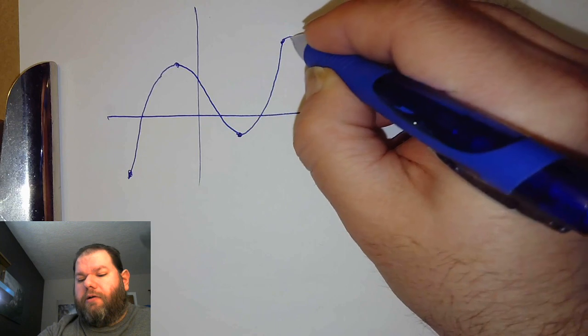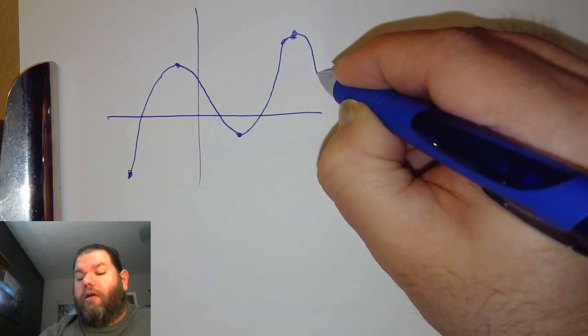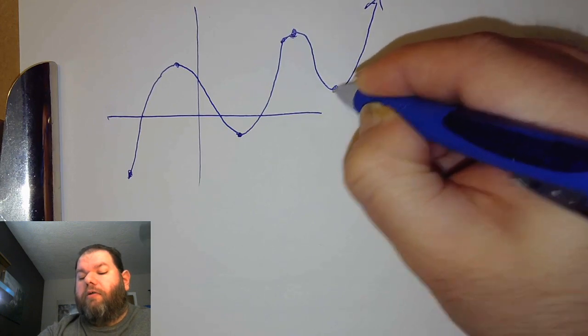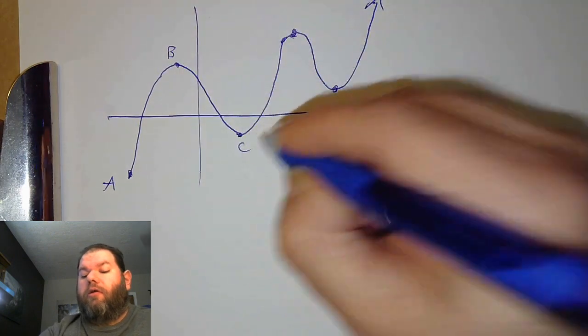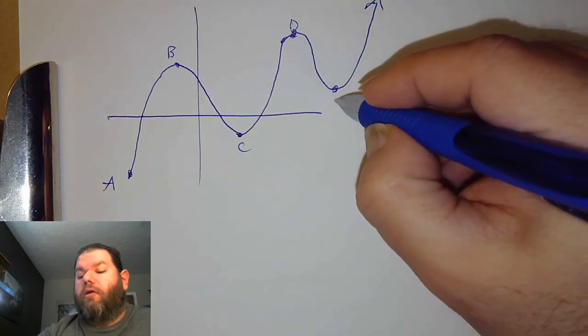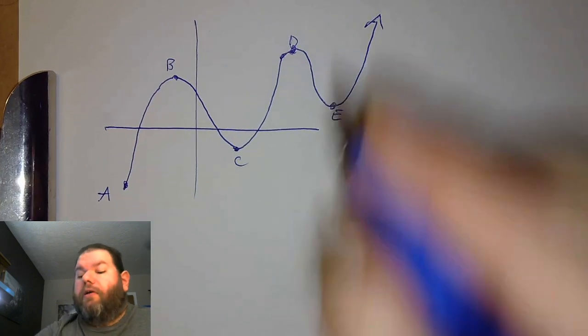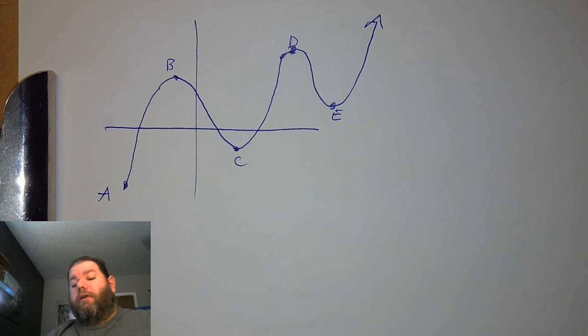So I've labeled 5 points in the graph, A, B, C, D, and E.